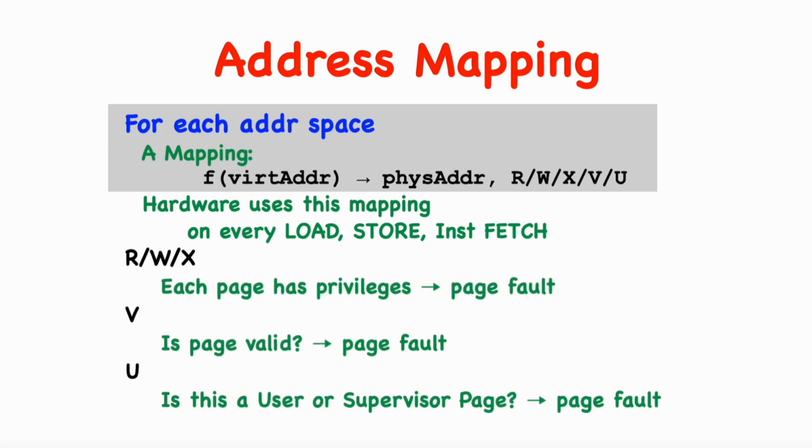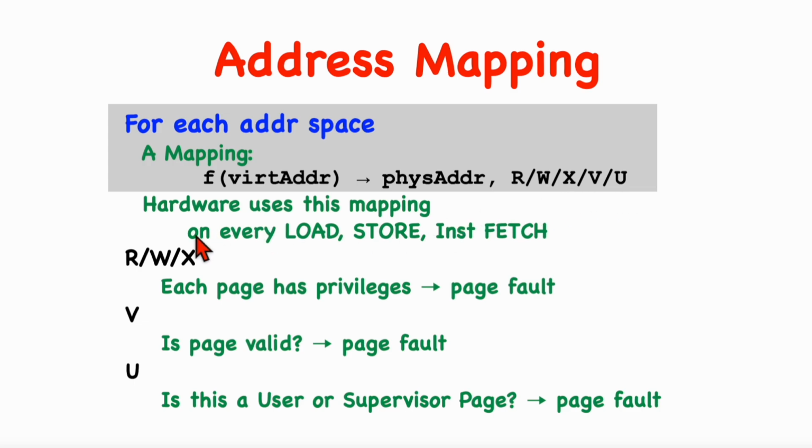Also, each virtual page can be marked with access privileges in order to implement security and protection. Each time the page table is consulted to map a virtual address into a physical address, these security privileges are also retrieved. The hardware will check to make sure the operation is allowed and prevent any access without proper privileges.